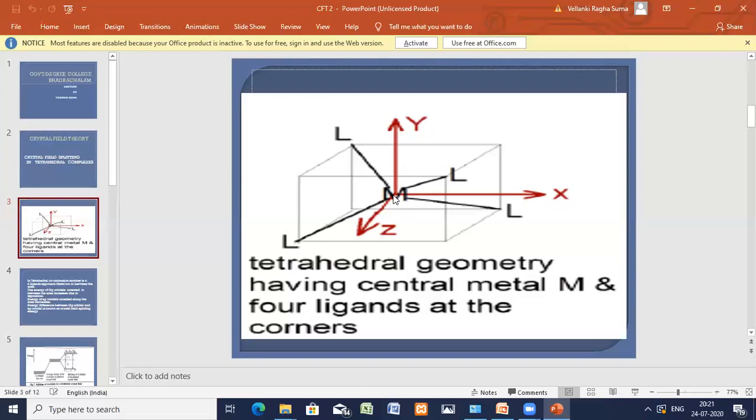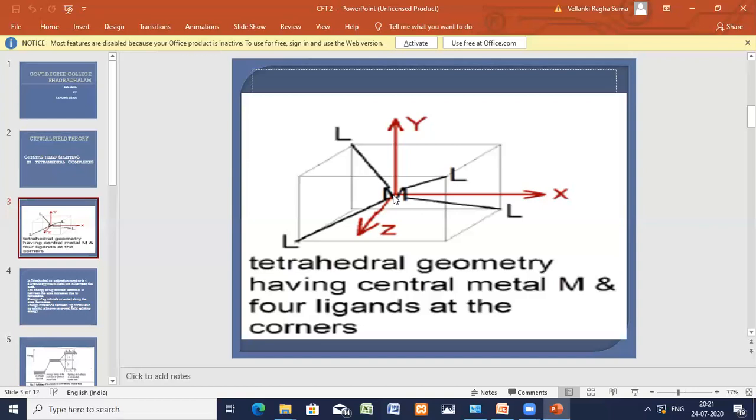Let us examine the d orbitals, how they are experiencing this. As the ligand approaches the central metal atom, the d orbitals of the metal oriented in between the axes are under much more repulsion by the orbitals of the ligands than the d orbitals oriented along the axes.